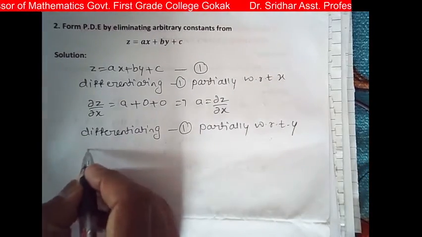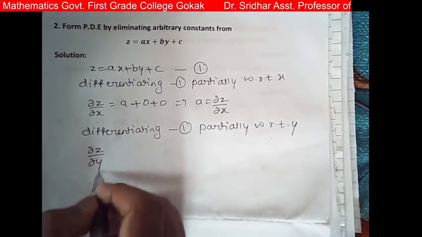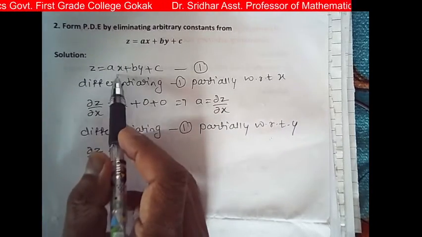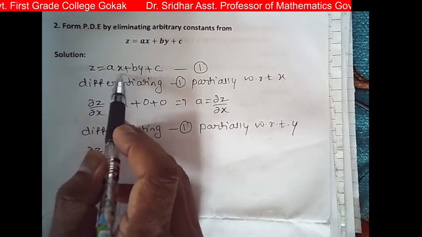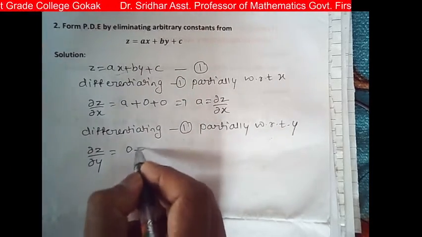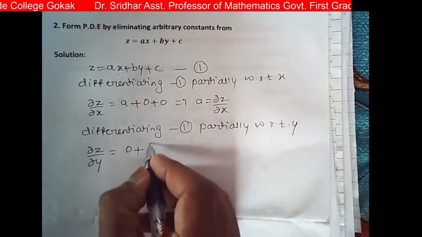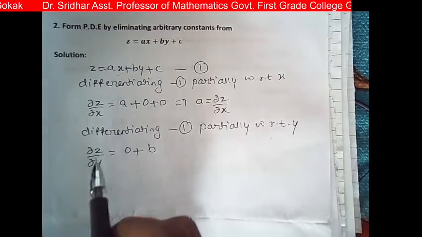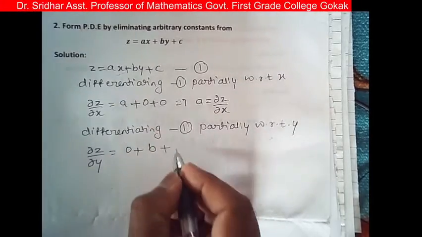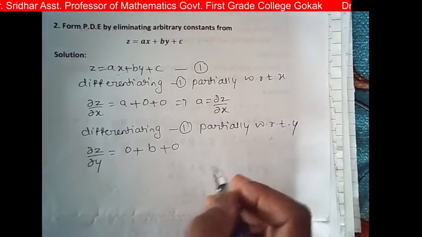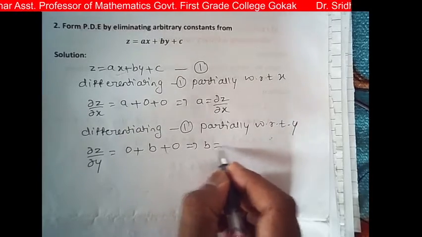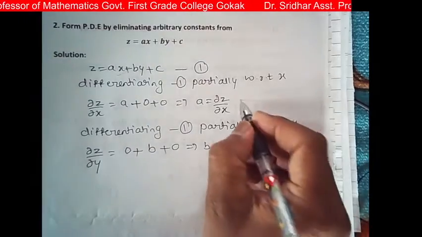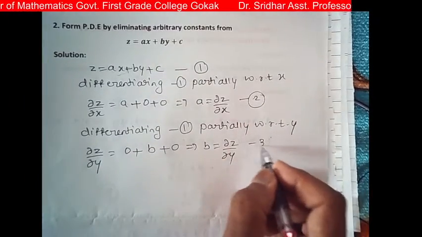So then we get dou z by dou y is equal to, while differentiating with respect to y, x is treated as constant, so that means this first term becomes 0, then differentiation of b y is b into differentiation of y with respect to y is 1, then plus c is constant, its differentiation is 0. So this implies b value is dou z by dou y. So this is equation 2 and this is equation 3.